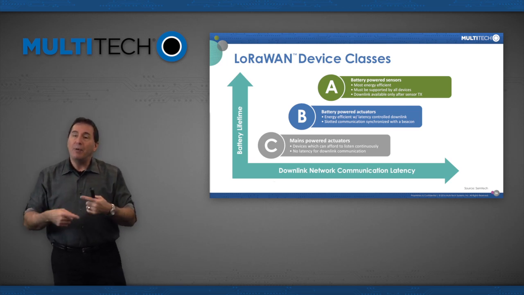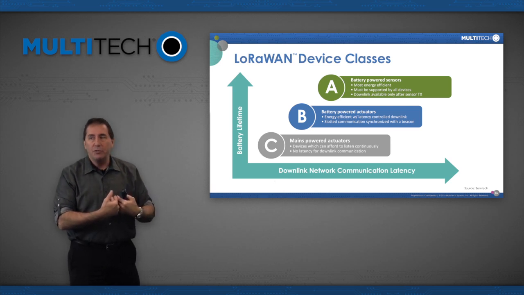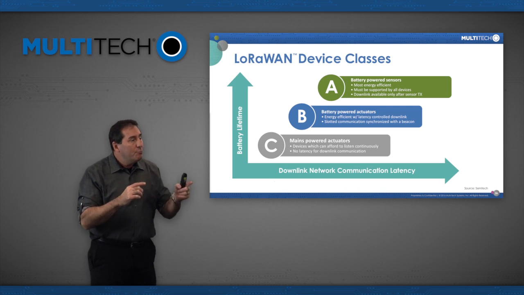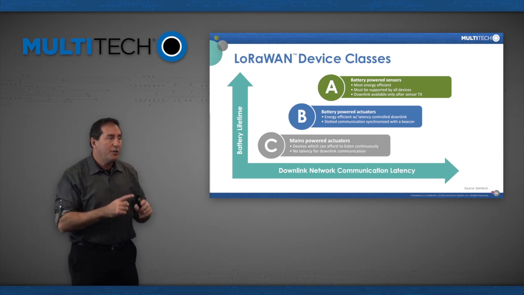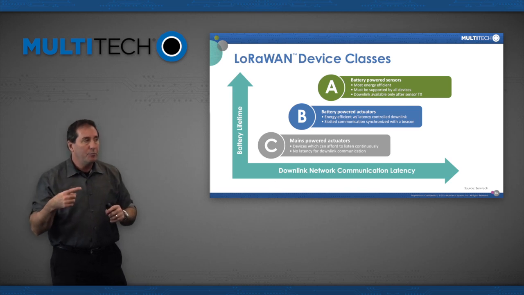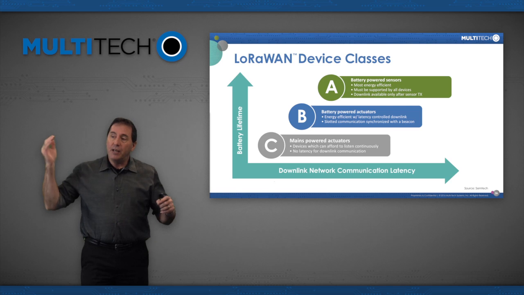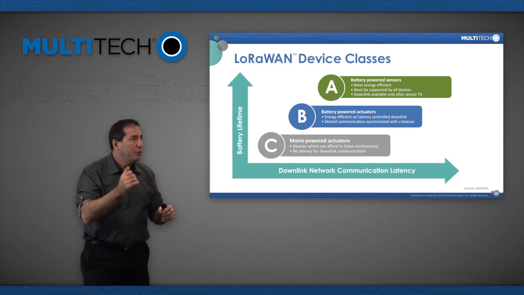Without using up too much power. With Class A, since the device is mostly asleep most of the time, it's using the minimal amount of battery power. With B, you're awake a little bit more. You're not really transmitting, you're just awake a little bit more. So you're using a little more battery power.